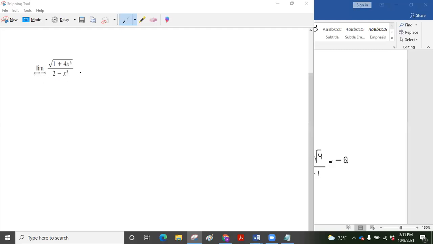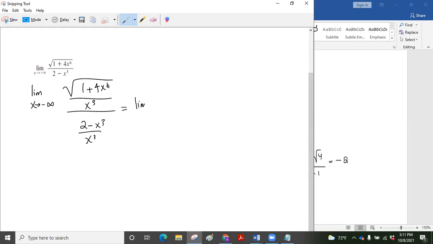So here, what we want to do is take the biggest power in the denominator and divide by that. So that's the limit as x approaches negative infinity of the square root of 1 plus 4x to the 6th divided by x to the third over 2 minus x cubed over x to the third, which is equal to the limit as x approaches negative infinity.